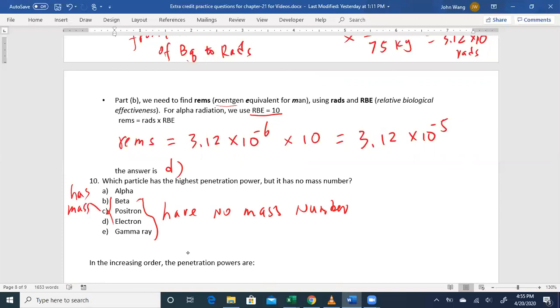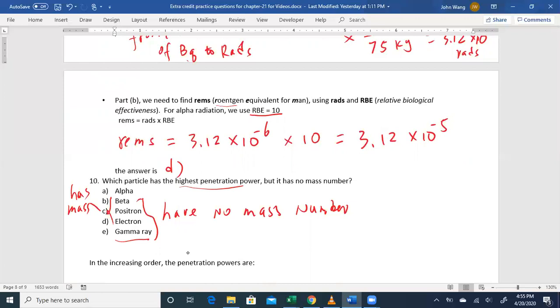Why? Because the mass number, by definition, is the number of protons plus the number of neutrons. In an electron, we don't have protons. In a beta particle, we don't have protons or neutrons. So you possibly can say the answer is beta, positron, electron, but the highest penetrating power is the gamma ray.